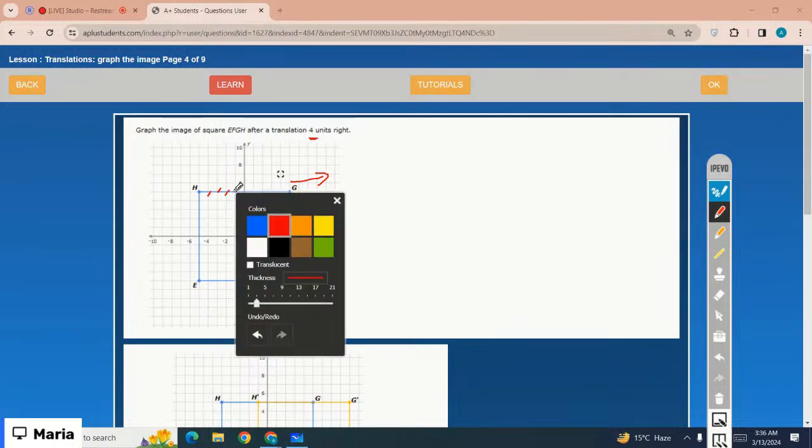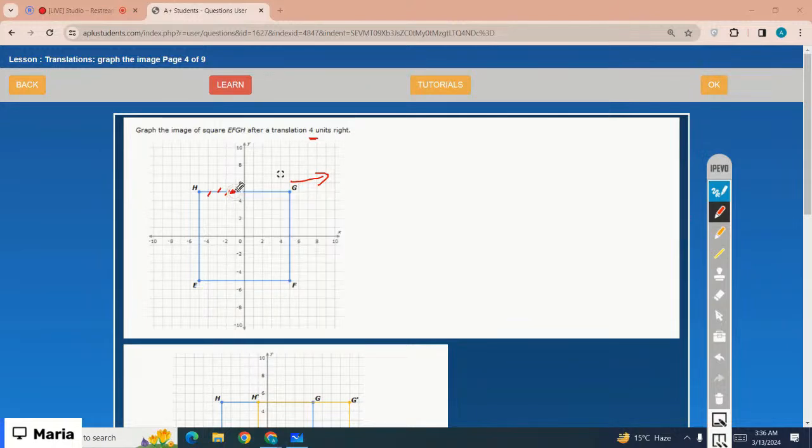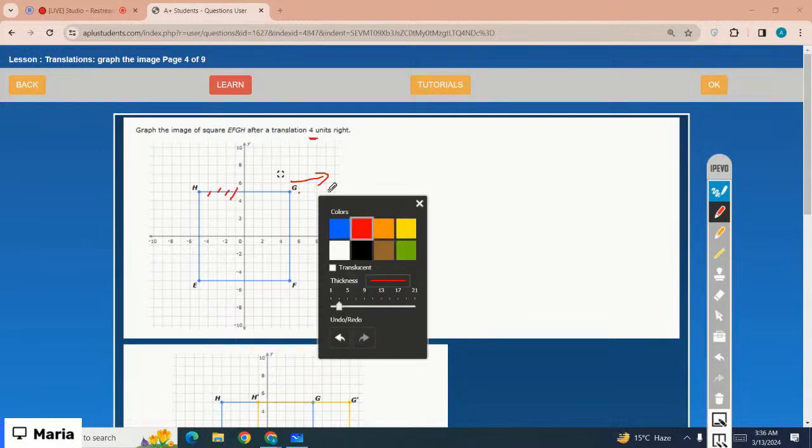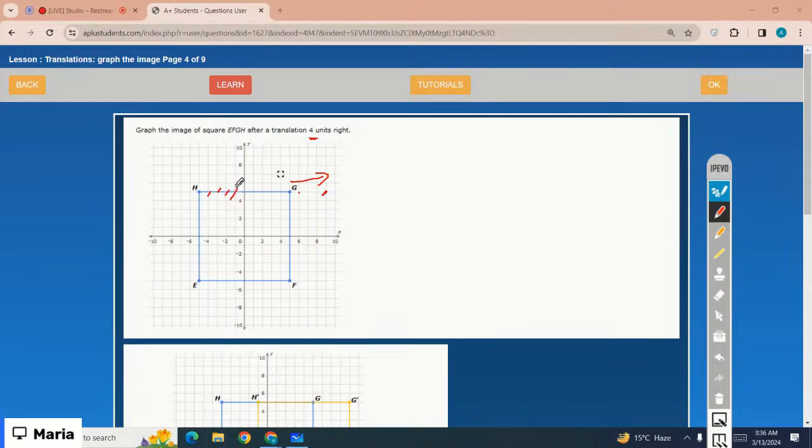The H dash is here. G is 1, 2, 3, 4. So this one is like the new point. You just have to move right.